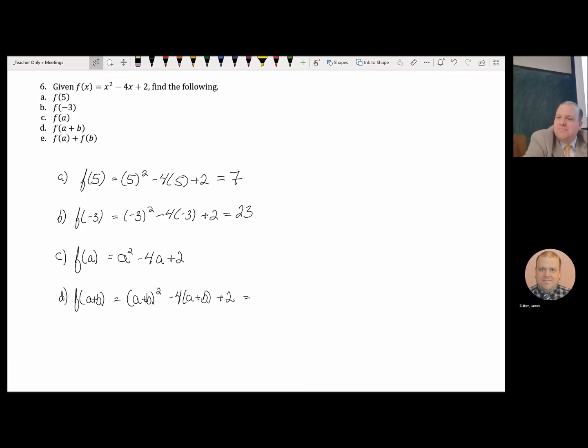I know. Evil, making you think back to algebra. Who remembers the formula for a plus b quantity squared? a squared plus 2ab plus b squared.